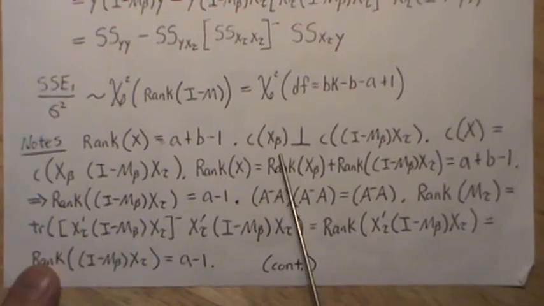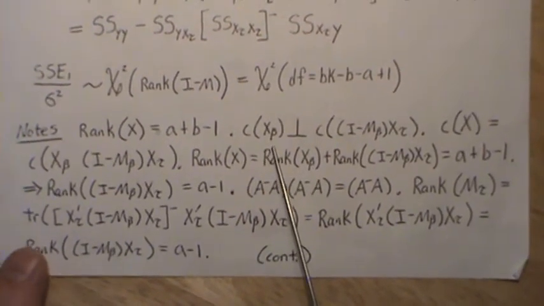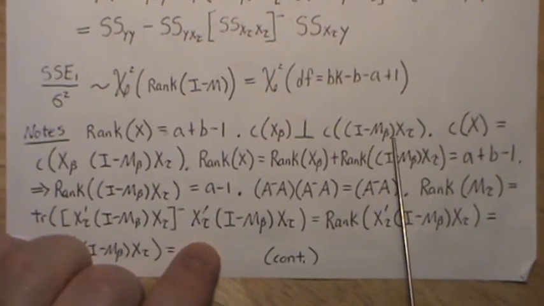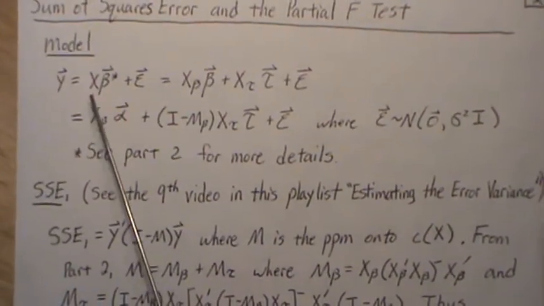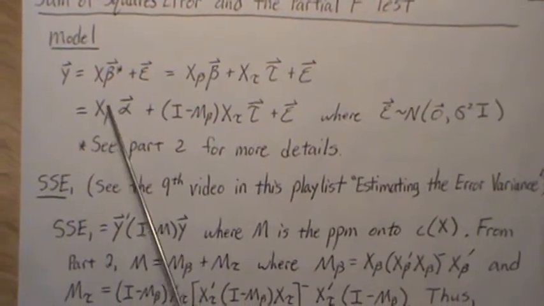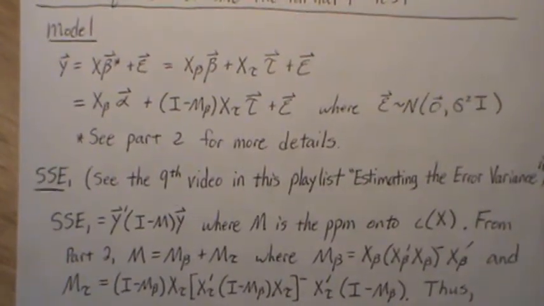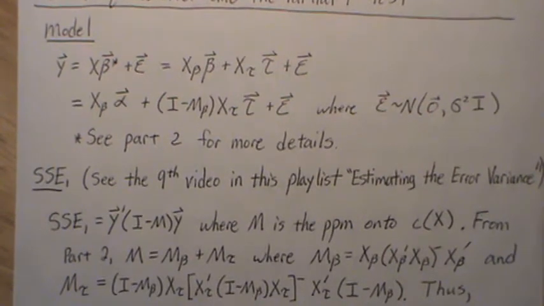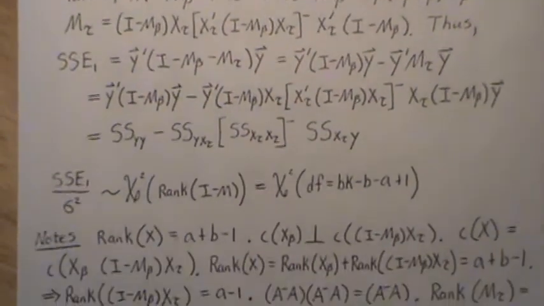Now, the way we have reconstructed x, notice that x beta is orthogonal to I minus m beta x tau. So what's going on there is we take x and we reconstruct it into this x beta and I minus m beta x tau. It actually looks so different, but mathematically they're 100% equivalent.